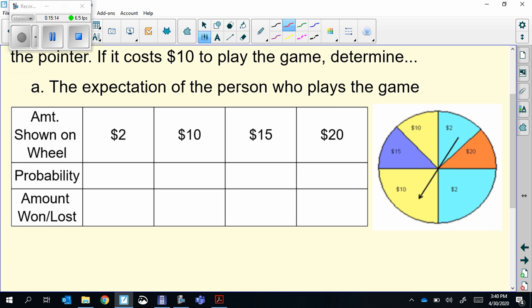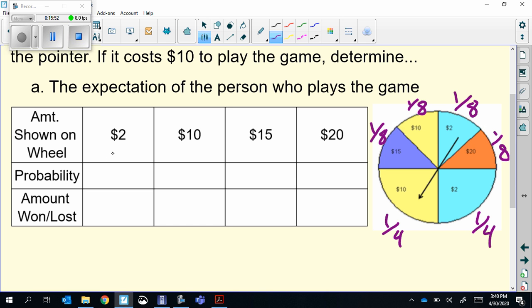For this, we're going to assume that these are all cut in half. So let's figure out the probability of each of these together. Each of these would be a fourth of a half, so an eighth. This would be 1/4 of the full circle, and this is 1/4 of the full circle.